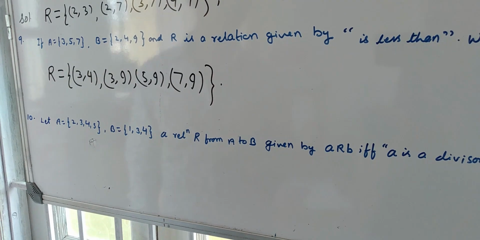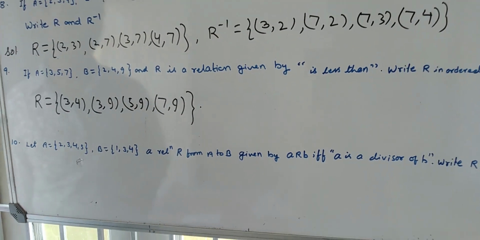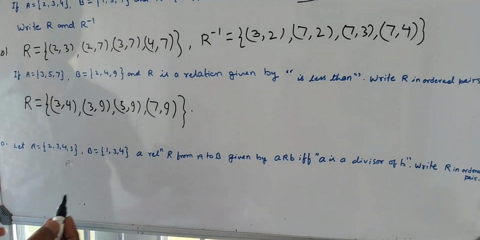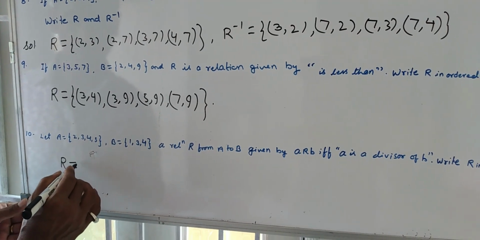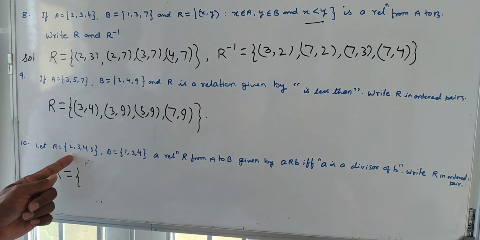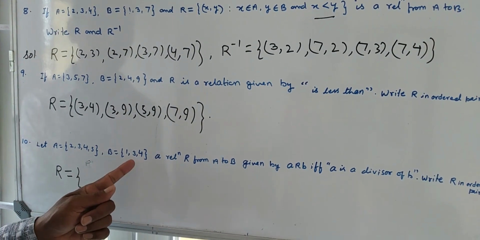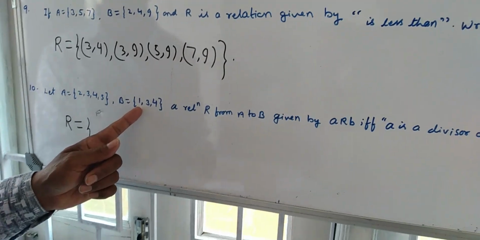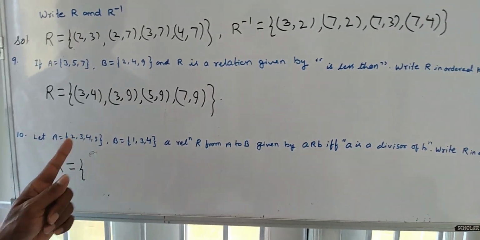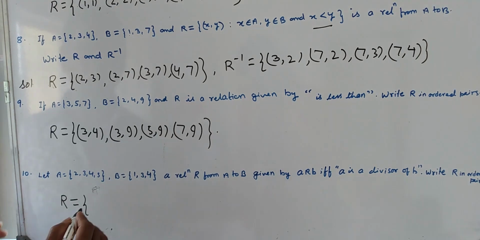A is a divisor of B, or you can say A divides B. The first component should divide the second component. 2 doesn't divide 1, 2 doesn't divide 3, so 2 divides only 4.